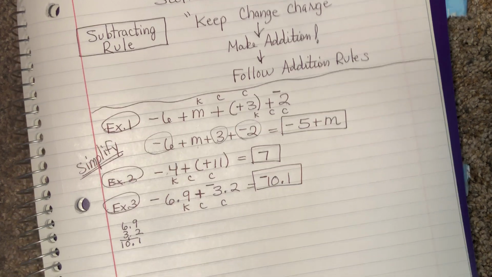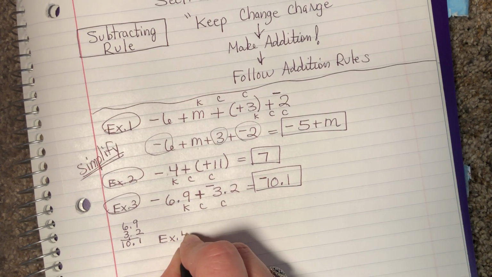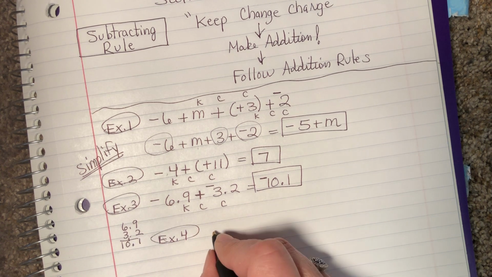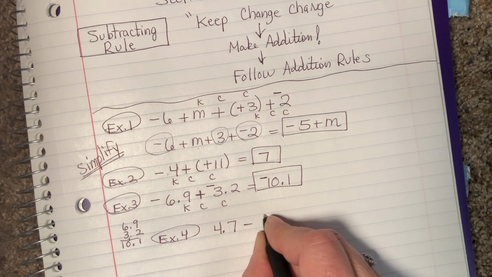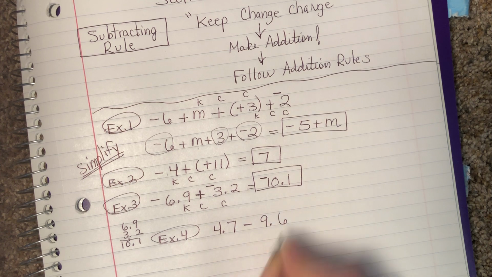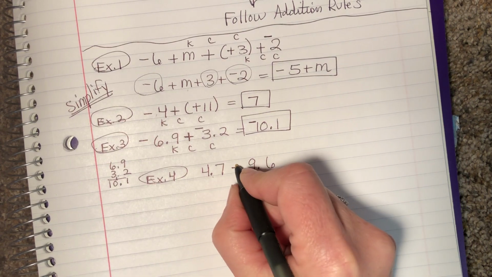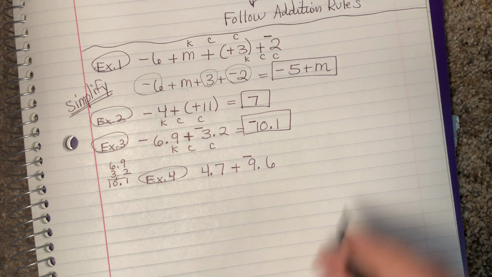Okay, let's do one more of this kind. How about 4.7 minus 9.6. All right, so keep, change, change. Now my signs are different, so I have to subtract.